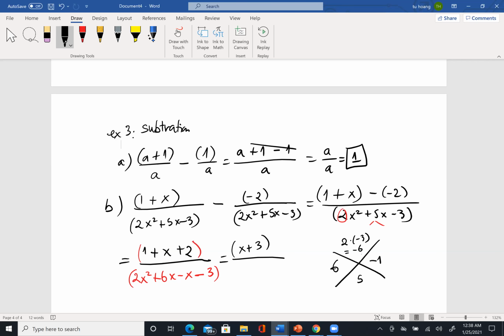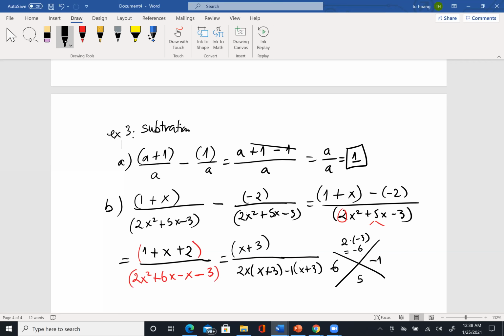So it's going to be 2x multiplied by x plus 3. And then for the second one, you factor out the negative 1, which is minus 1 here. Then you have x plus 3.